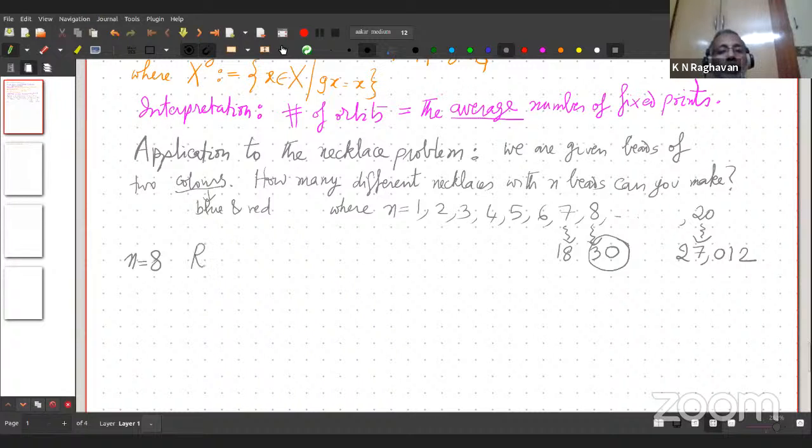Recall that the group D8, the dihedral group of order 16, which is the symmetries of the regular octagon, has 16 elements, namely 8 rotations and 8 reflections. We had discussed this group in some detail. So D8 acts on diagrams. What do we mean by diagrams?